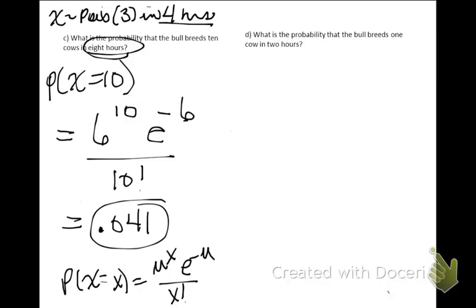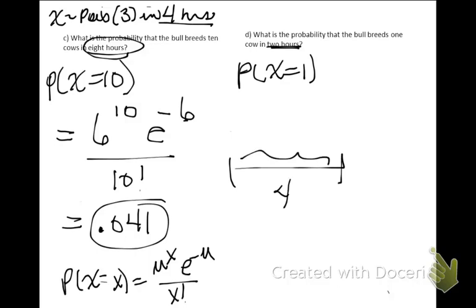What is the probability that the bull breeds 1 cow, but this time in a 2-hour interval? So let's think about our interval. Here's 4 hours, and in that 4 hours, the bull can breed 3. So if we chop the 4 hours in half, if we divide by 2 to get a 2-hour interval, we should chop the 3 in half to get an average.